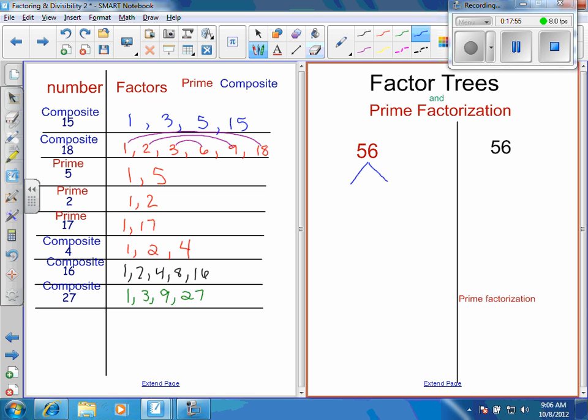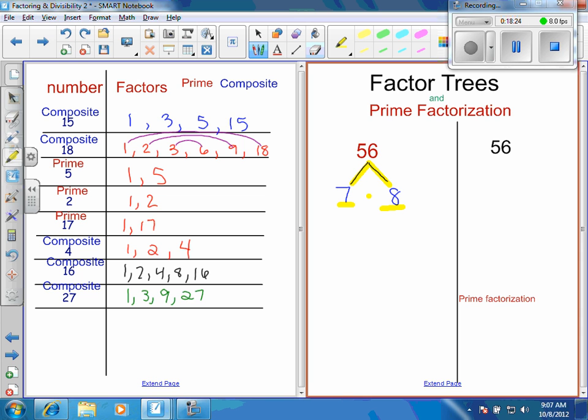8 times 7 or 7 times 8. So the little carrot that Michaela's talking about, every time you use one of these little V's or carrots, the numbers at the end have to multiply to give you the original number. And then you look and say, can I do that again with something other than 1? Like 7 is a prime number.